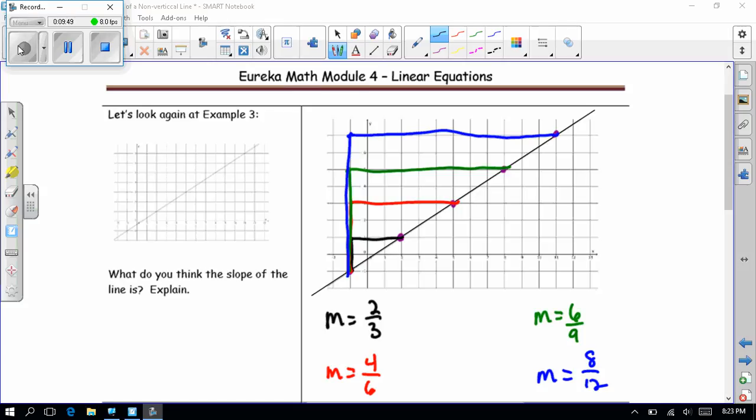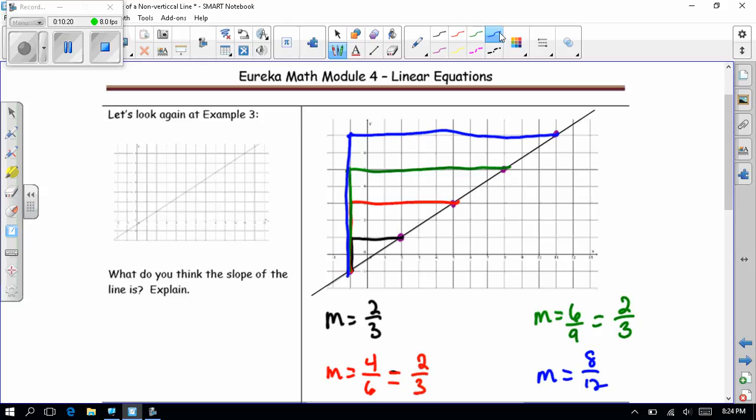Okay, so hopefully you drew your slope triangles similarly to how I did it. Your smallest one, you should have gotten a slope of 2/3. Your next one up should have been 4/6, but again, if we reduce that fraction, if we divide both the numerator and the denominator by 2, we'll get 2/3, so they're the same. And of course, 6/9 is going to reduce to 2/3. We just multiply or divide the numerator and the denominator by 3.